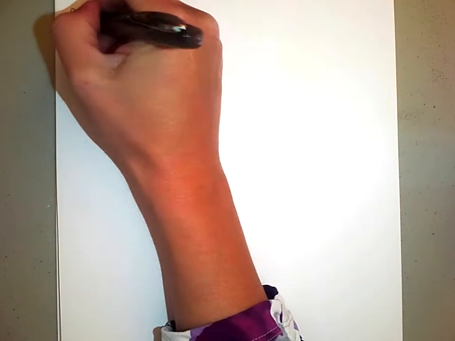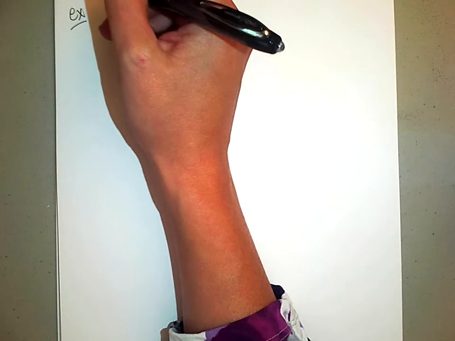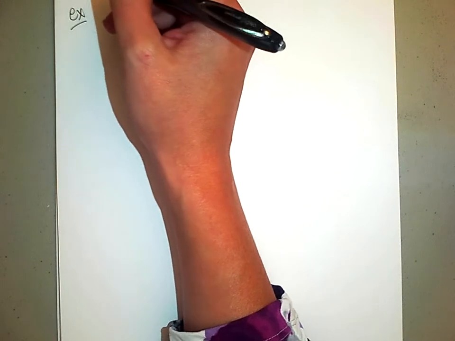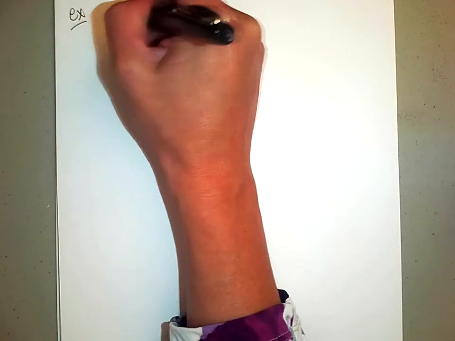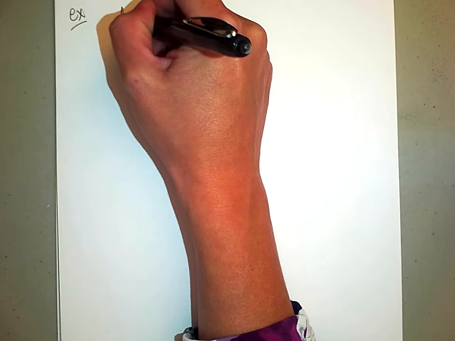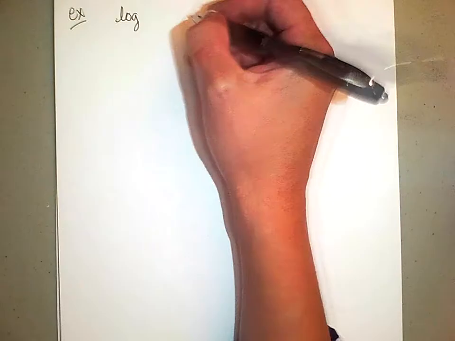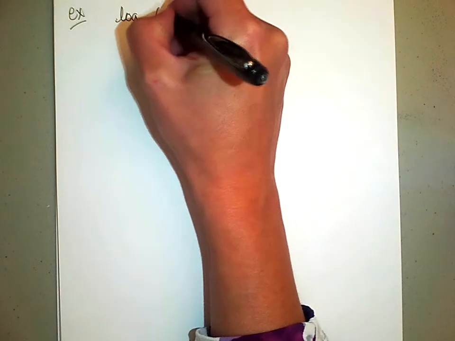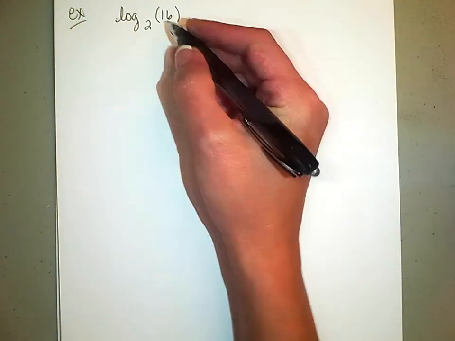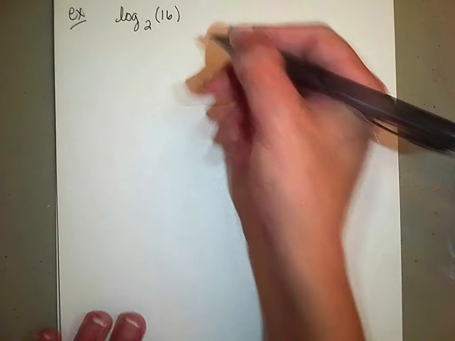If we have the log base, I'm sorry, I just lost my notes. Here they are. Okay. If we have the log base 2 of 16, well, we can evaluate this.